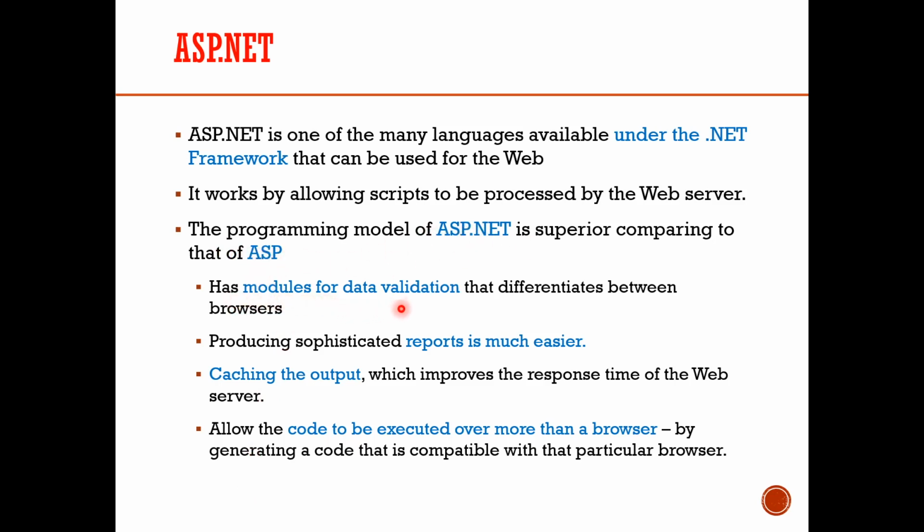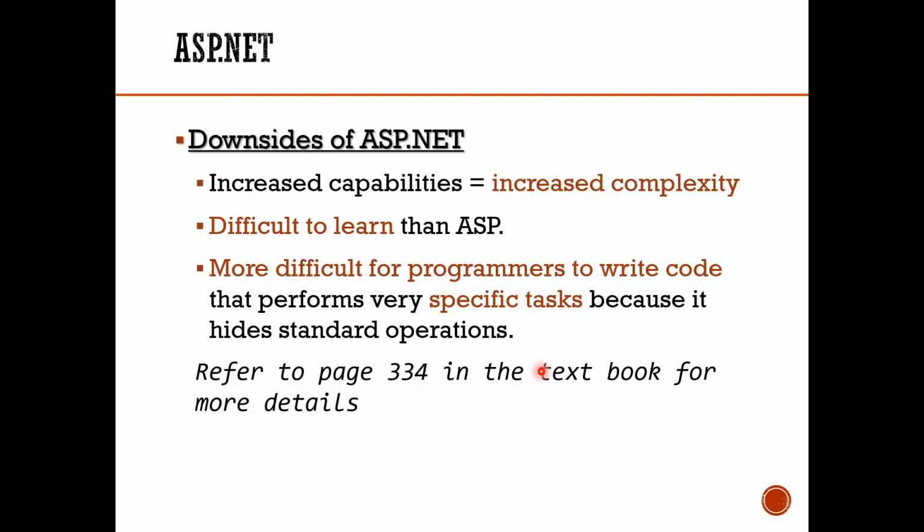It has more modules. It has modules for data validation. It produces sophisticated reports much more easily than ASP. Caching, of course, is very improved and very efficient. It allows code to be executed over more than one browser, meaning that it can handle parallel processing.